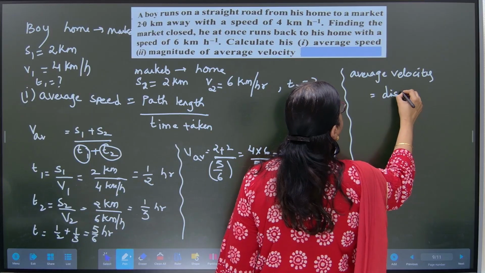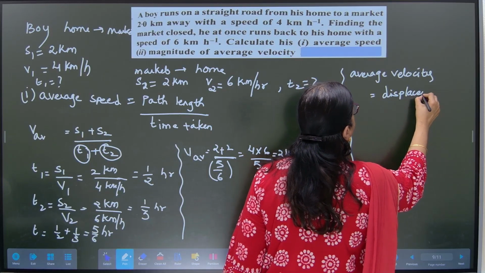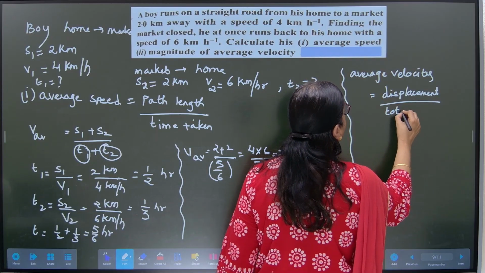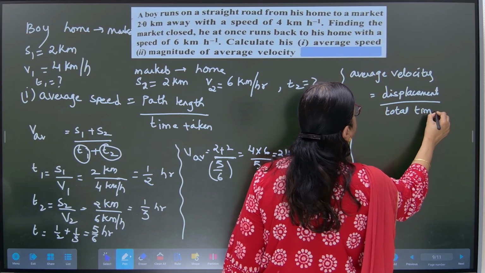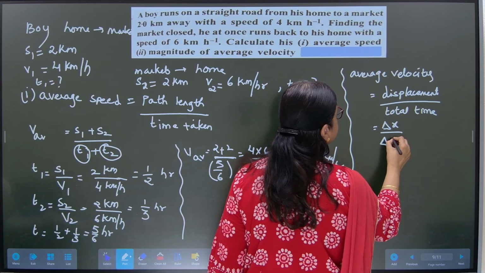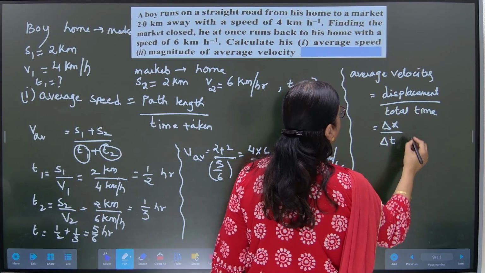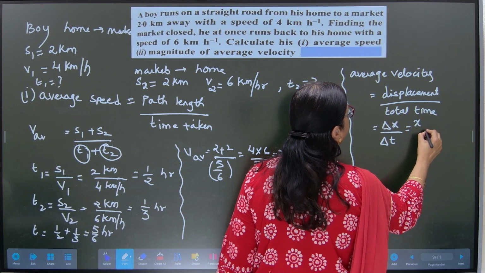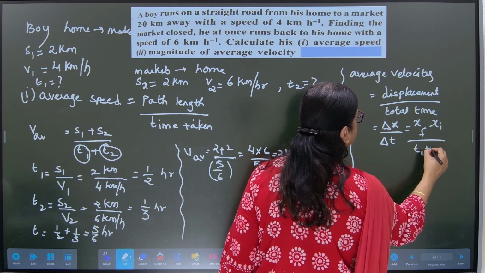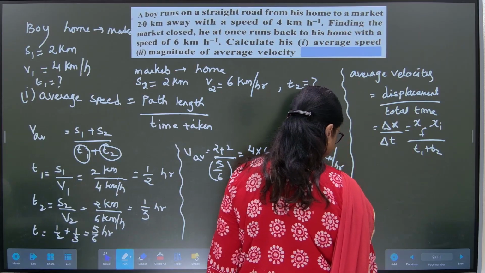Displacement upon total time, which is equal to delta x upon delta t. Now what is delta x? Final position minus initial position, upon here t1 plus t2. Agree?